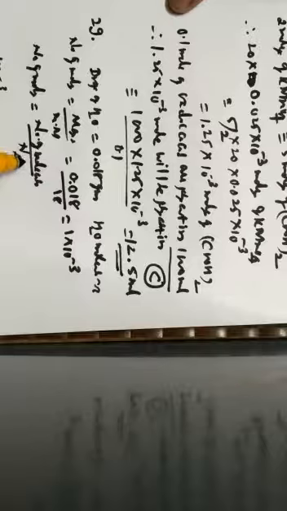Number of molecules we don't know, divided by the Avogadro number, that is 6.023 into 10 to the power of 23. Therefore it comes out to be 6.022 into 10 to the power of 20, which is the total number of molecules, given by the option D.